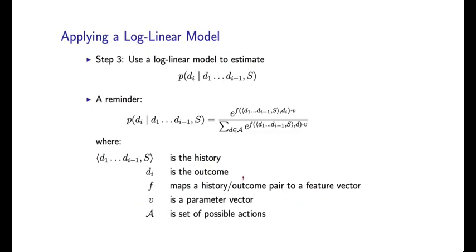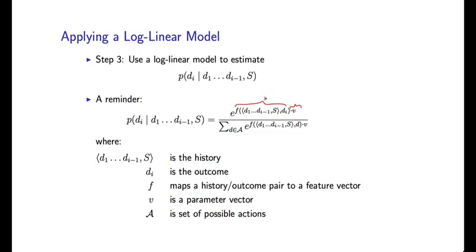So the basic idea is rather simple, actually. Following the usual definition in log linear models, this conditional probability is going to be e raised to the power f dot v, where f is some feature vector and v is some parameter vector, divided by a normalization constant where I sum out all of my decisions.